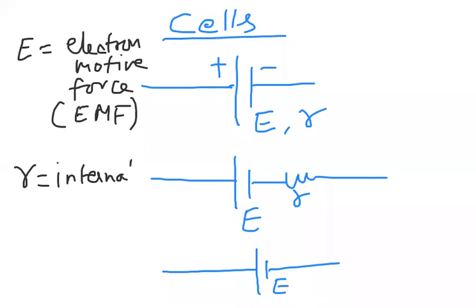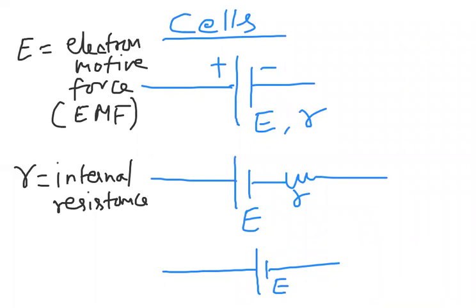Internal resistance. So here if you observe, every cell has one cathode and anode, and electrolyte is present between cathode and anode. That electrolyte offers some resistance. The resistance offered by the electrolyte is called internal resistance.